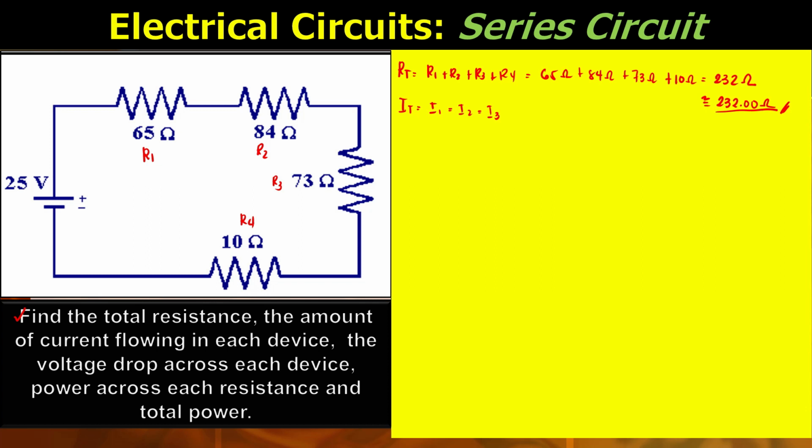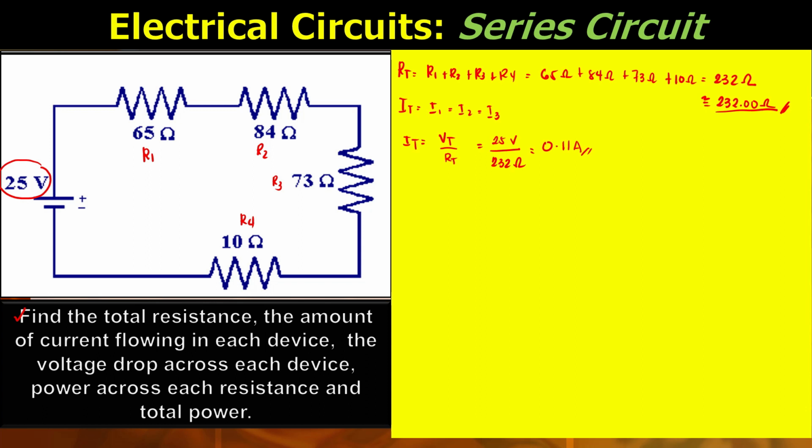Based on Ohm's law, we can solve I total using the formula I total is equal to V total over R total. In our schematic diagram, our V total is 25 volts. So we have 25 volts over 232 ohms, which gives 0.11 ampere, our current. So we're done with the total current.